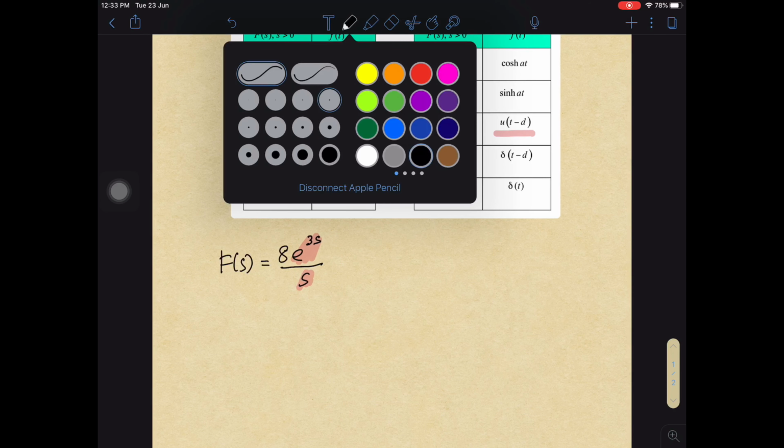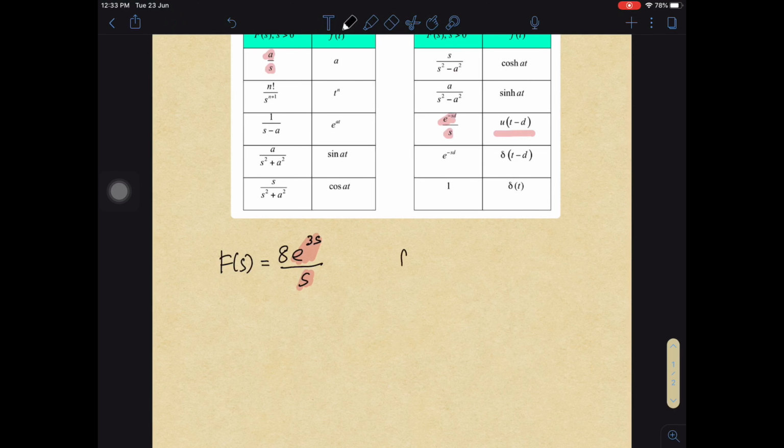Okay, so you can actually write your function f(t) as m times u(t minus d), or just put m as a constant here. So you need to know the value of d, and d here must have the negative value in front.